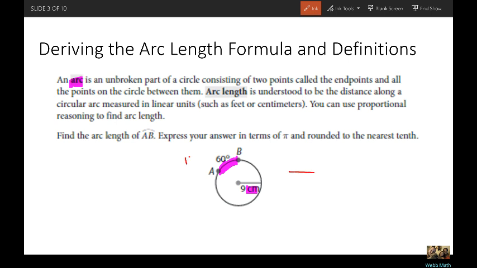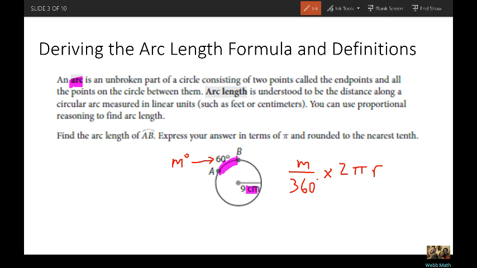Okay, first things first. M, our measure, that is the worst M my touchscreen has ever given me. That is scary. M degrees is what they give us here, 60 degrees. So we're going to apply our formula. We have M divided by 360 degrees, just as the essential question's answer says, times 2 pi times r, because r is our radius, and we're working with a certain radius now.